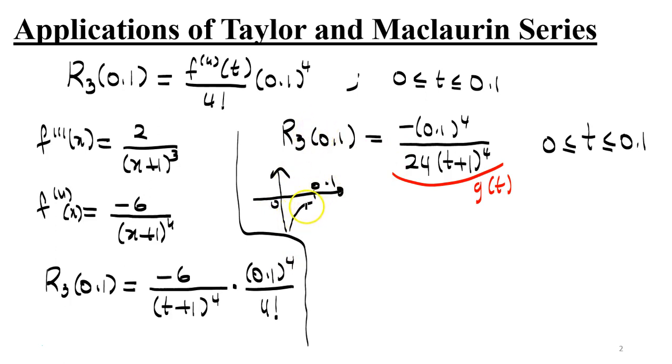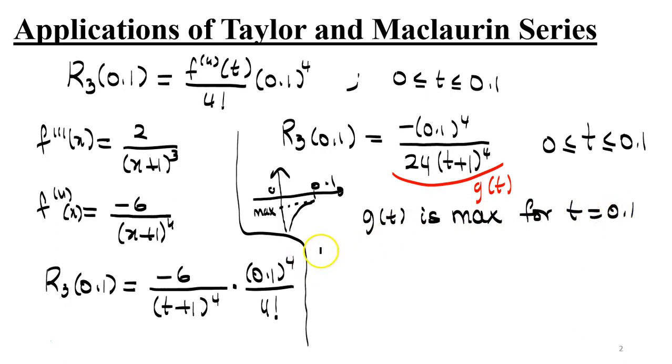Let me bring this up above the x-axis. The function being increasing, you'd notice that the highest point on the curve, the maximum of the curve, lies at the upper bound, which is at t equals 0.1 here. So this is the maximum we are looking for. So g of t is max for t equals 0.1.